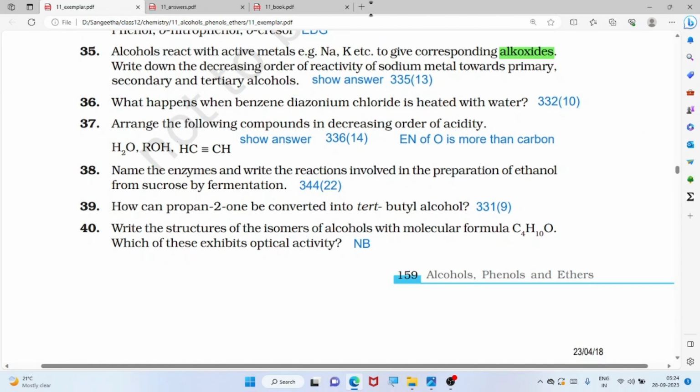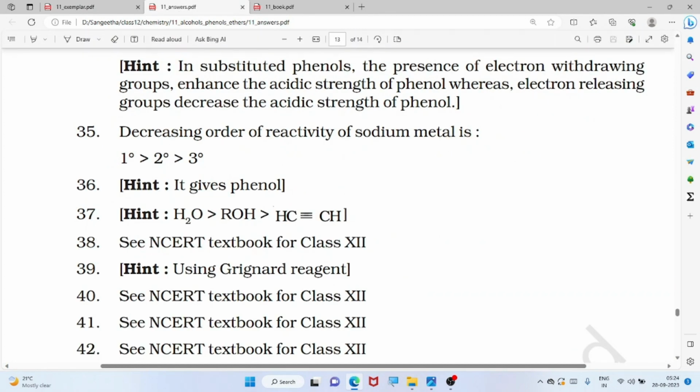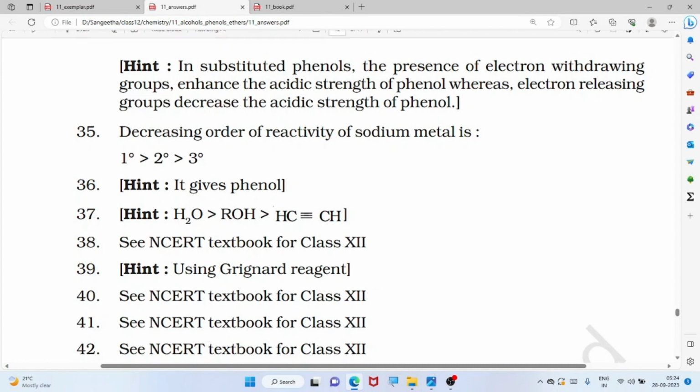Arrange the following compounds in the decreasing order of their acidity. Okay, the electronegativity of the oxygen is more than the carbon. So here the electronegativity of this oxygen will be more than the carbon. 37. H2O is greater than the ROH because water is more acidic than the alcohol.